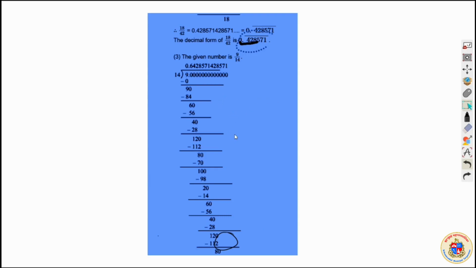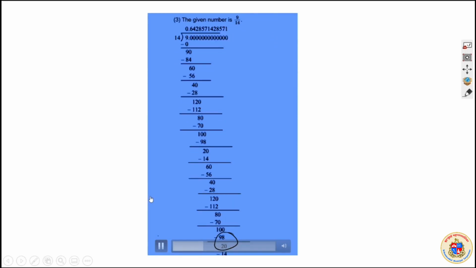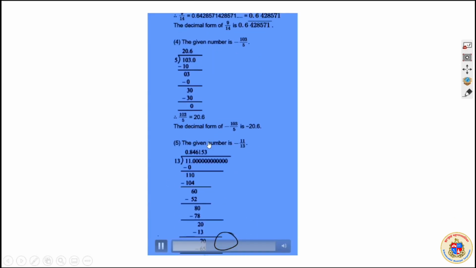So this kind of decimal numbers you will write to a particular number of decimal points. There you have to close down. Understood? There is no other way left. And here if you keep on dividing 9 by 14, ultimately you will end up in a recurring number.